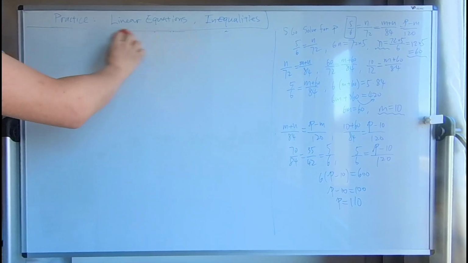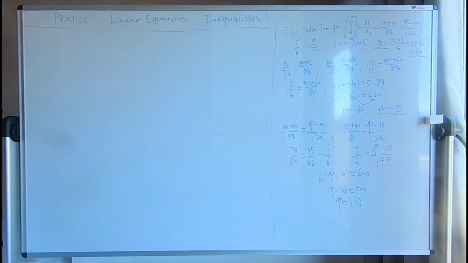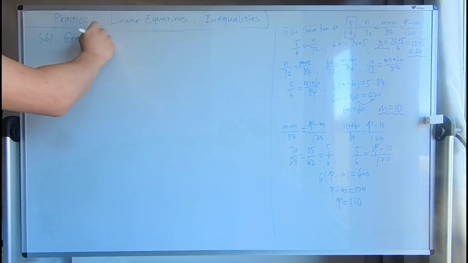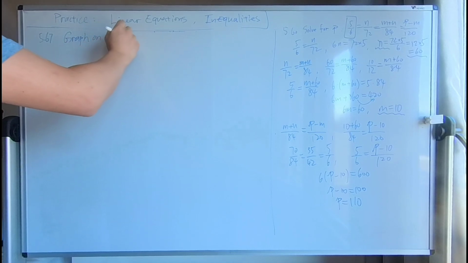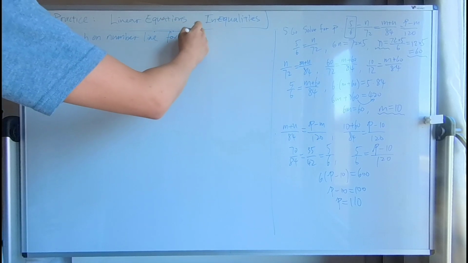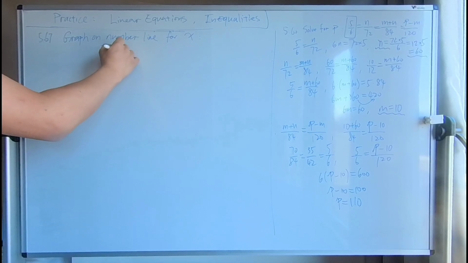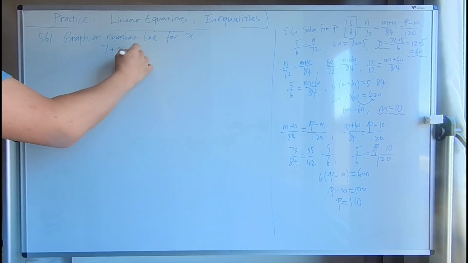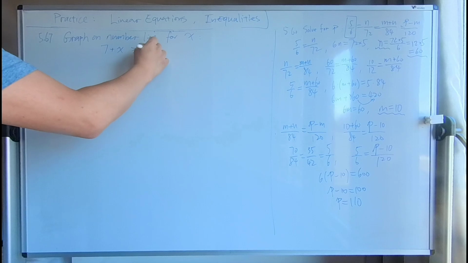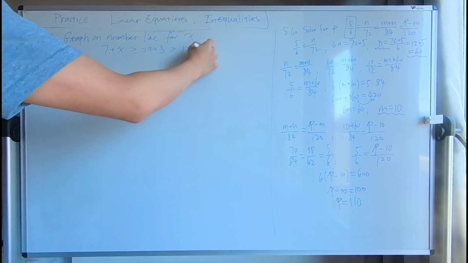Okay, next question, I will take a look at an inequality, and graph it on the number line. So we have 7 plus x greater than or equal to 2x plus 3, then greater than 12 minus x.